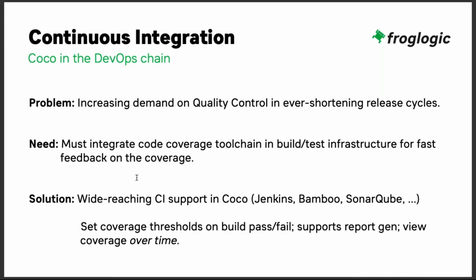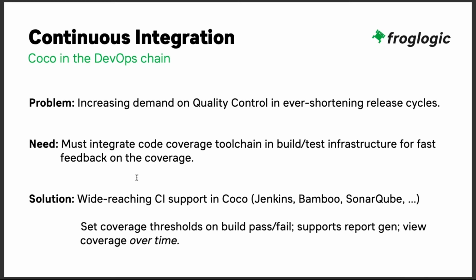Here I've named just a few CI systems that we have ready-made integration support for, but let's take Jenkins as an example. If you use the Jenkins plugin, you can view the updated coverage over time. And what's great about it is with new check-ins, you can also set thresholds for marking a build as pass or fail.